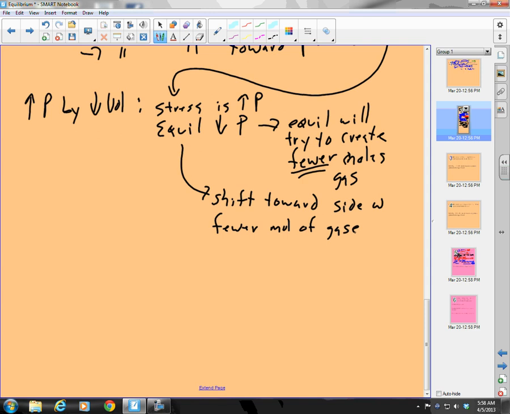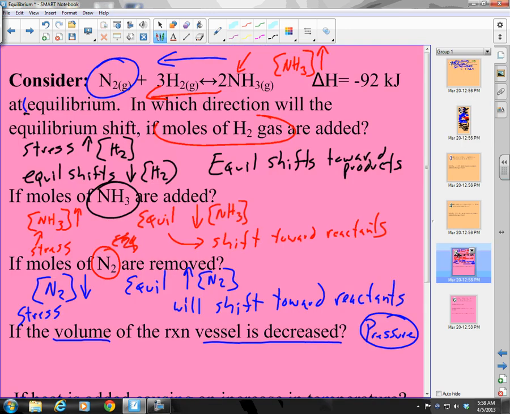And how do I figure out the moles of gas? I look at the coefficients. So let's say I have something like this. How many moles of gas do I have in this equation? Well, I have 3 here and 1 here and 2 here. That means on my reactant side I have 4 moles of gas, and on my product side I have 2 moles of gas. Okay, so that's how I make the comparison.